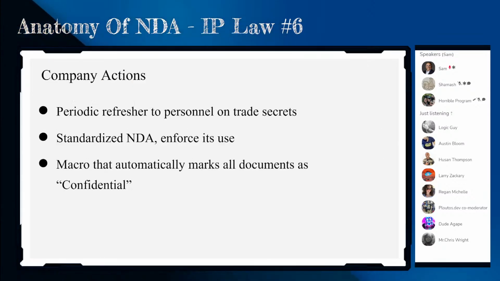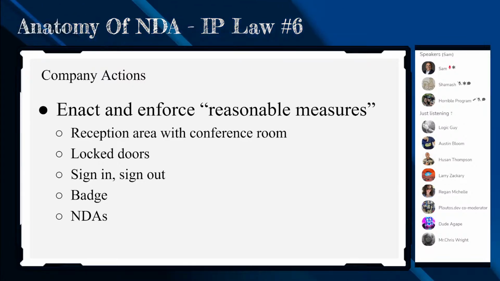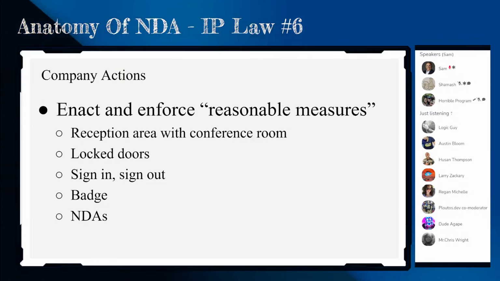Okay, so what are the things we need to do if we work at a company, for a company? We run the company. The first thing is we have to enact and enforce reasonable measures to ensure the secrecy of our confidential information.